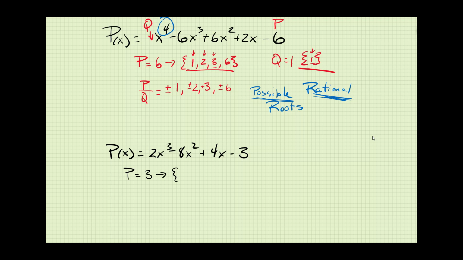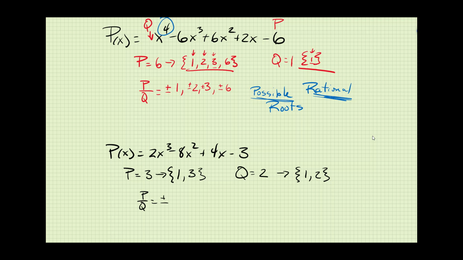Therefore, its list of factors is 1 and 3. My q is 2. Therefore, its list of factors is 1 and 2. Now, to finish this up, you say p over q again.